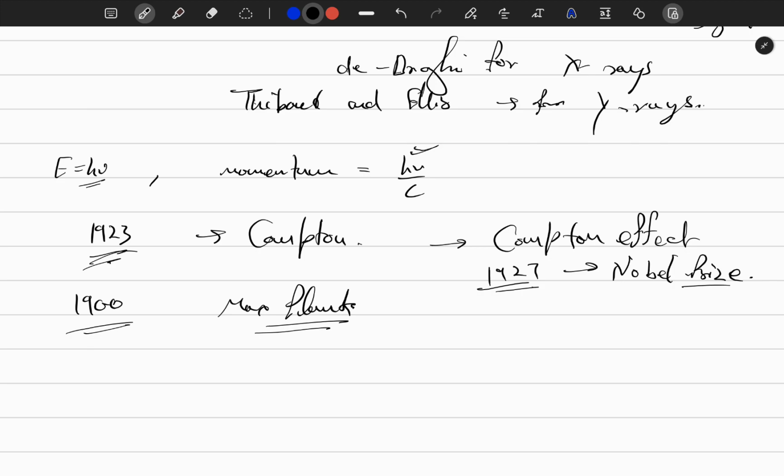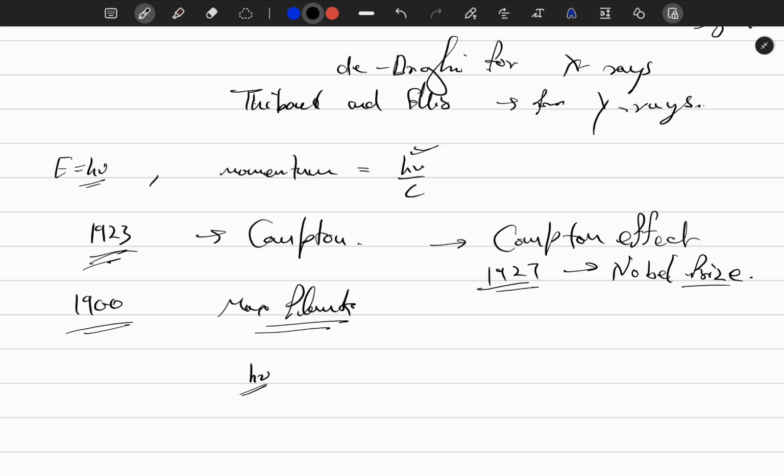In his derivation he considered that energy can be absorbed and emitted by individual resonators only in quanta of magnitude h nu. So he was the first to think of light, when interacting with matter, as a particle.